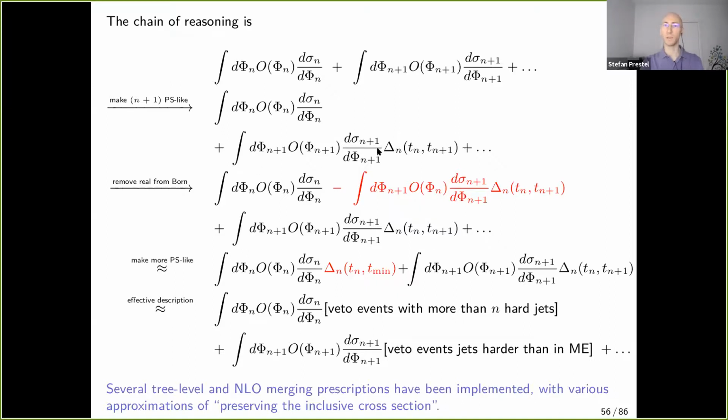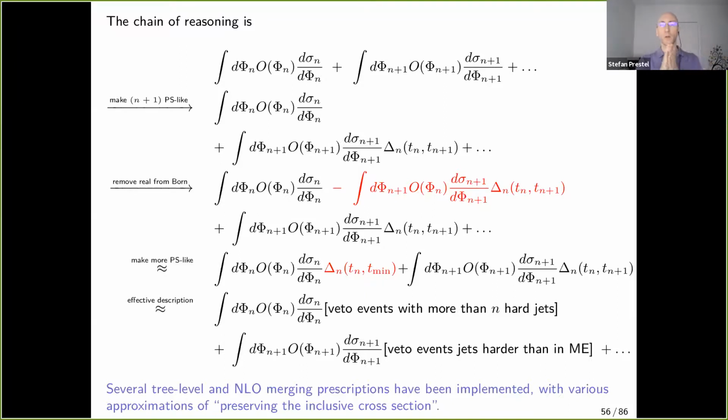So you include this additional no emission probability, which makes sure that this is a separately finite term, just like in the shower. And then you remove this sort of re-weighted real emission correction from the inclusive rate. So this is, again, kind of, to add something and you subtract it from the real emission rate to get the smaller bucket on the last slide.